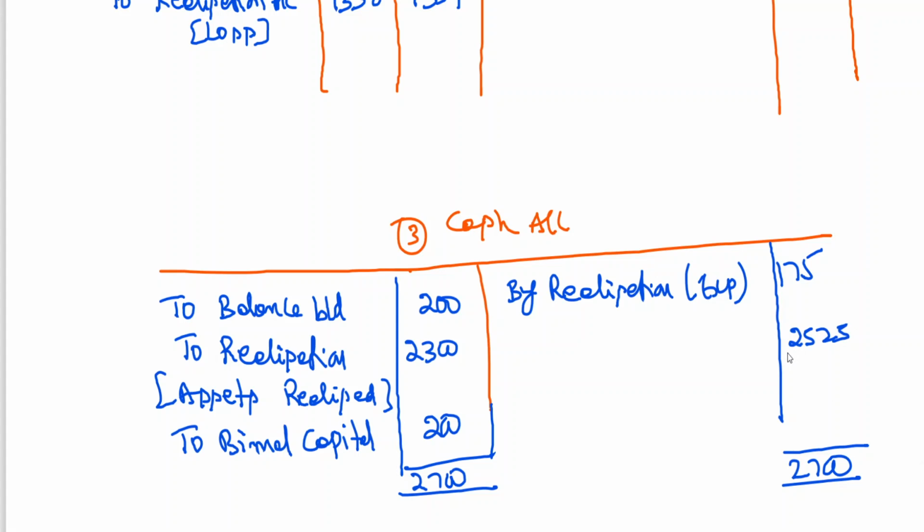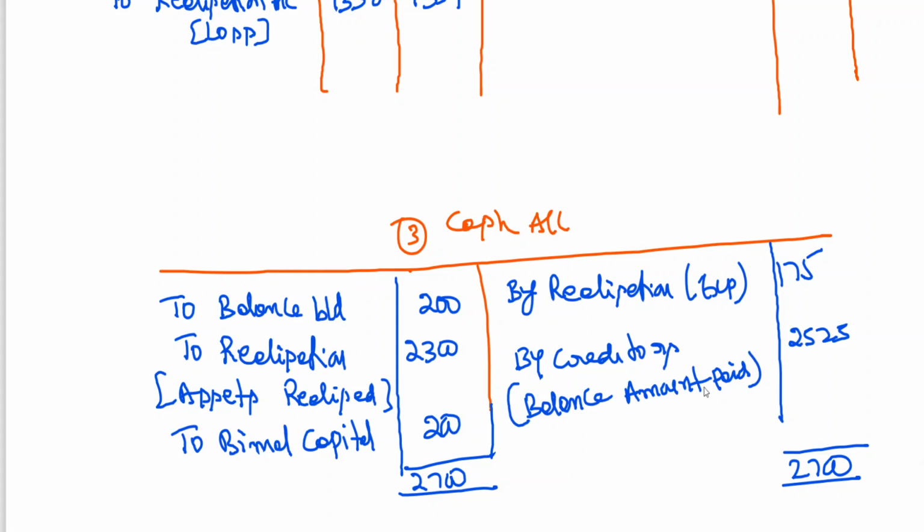The 2,525 cash balance will be paid to creditors. So here by creditors, balance amount paid.